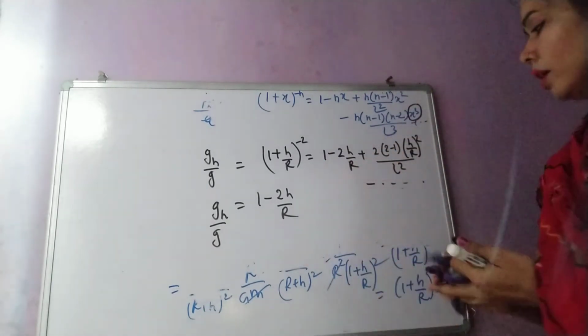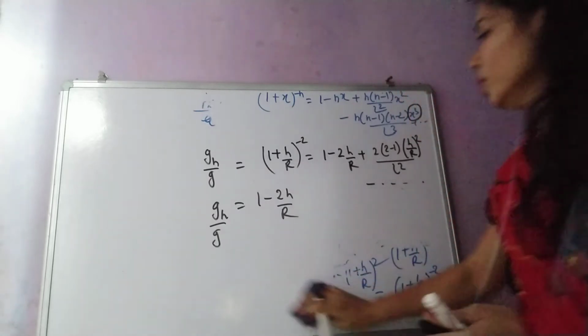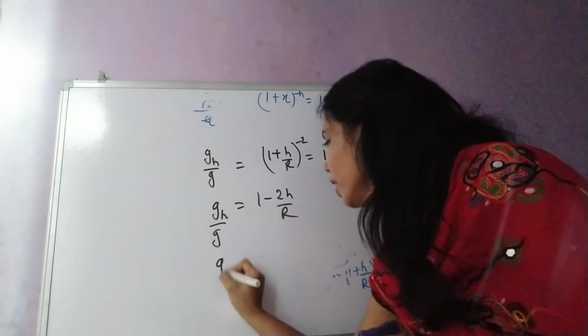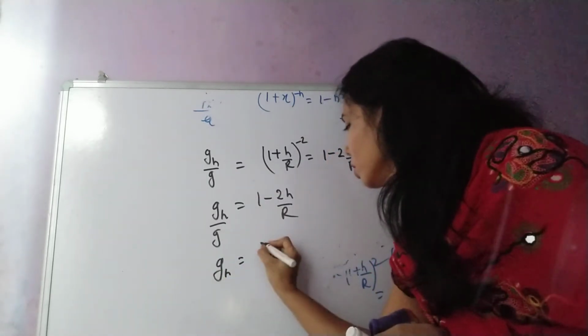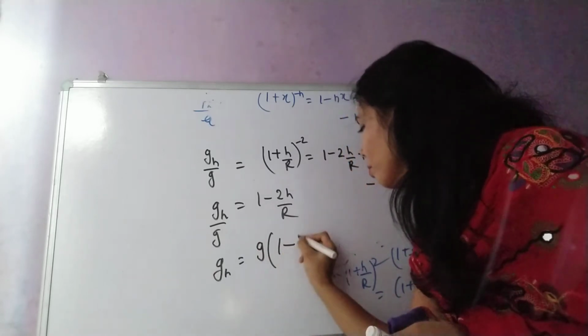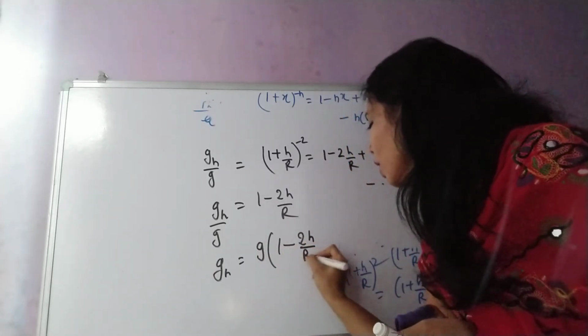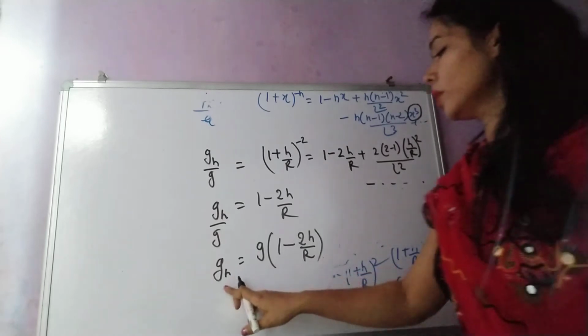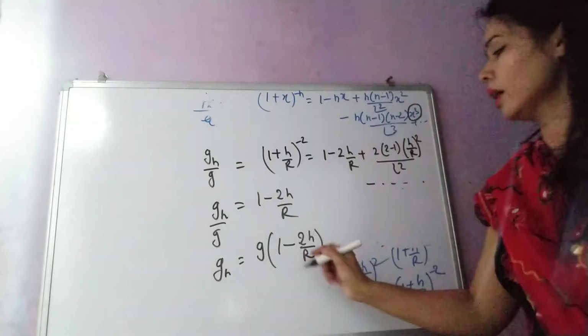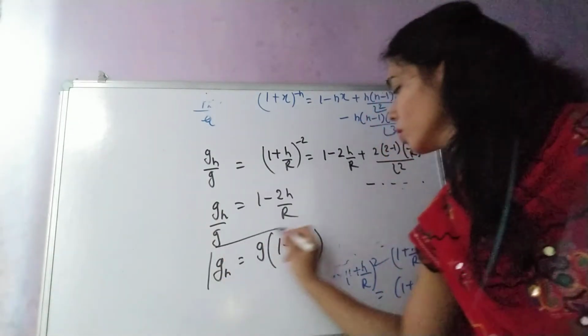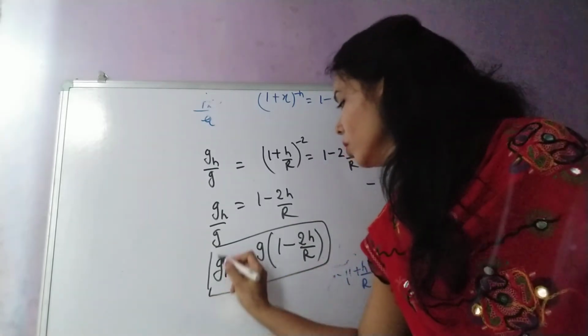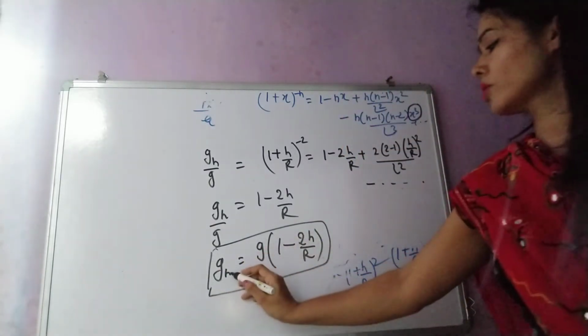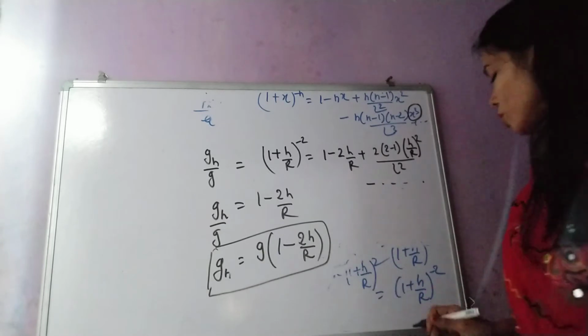When you solve it, you will get gh equals to g into 1 minus 2h upon r. So gh, the gravitational acceleration at a certain height, is this. We have derived gh equals to g times 1 minus 2h upon r.